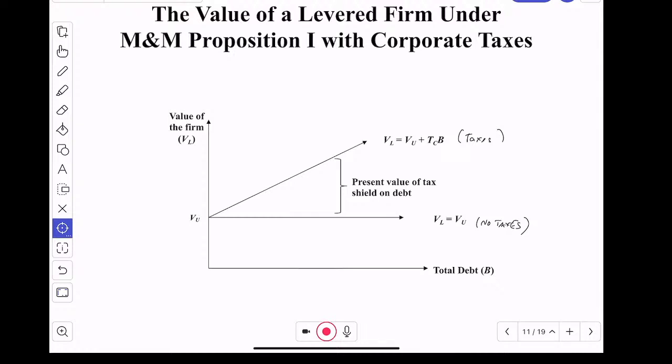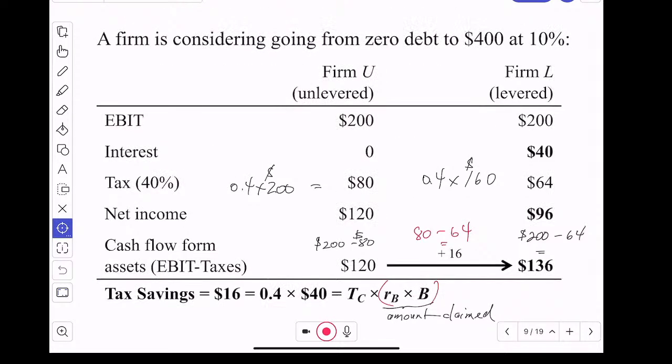So now we got to look at Proposition 2. What happens to the rate of return to the stakeholders in the firm?